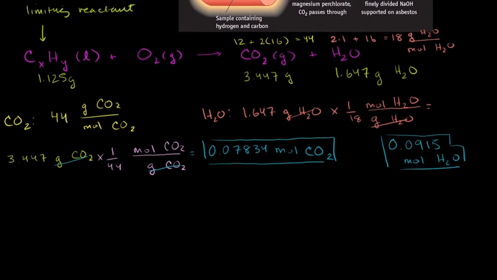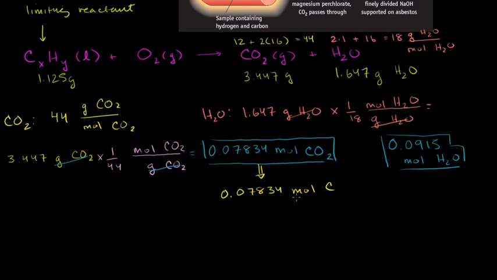So how many moles of carbon do we have in the carbon dioxide, or in our products? Well, the only product with carbon is the carbon dioxide. This has no carbon in it. So if we have this many carbon dioxides, we also have the same number of carbon atoms, moles of atomic carbon.